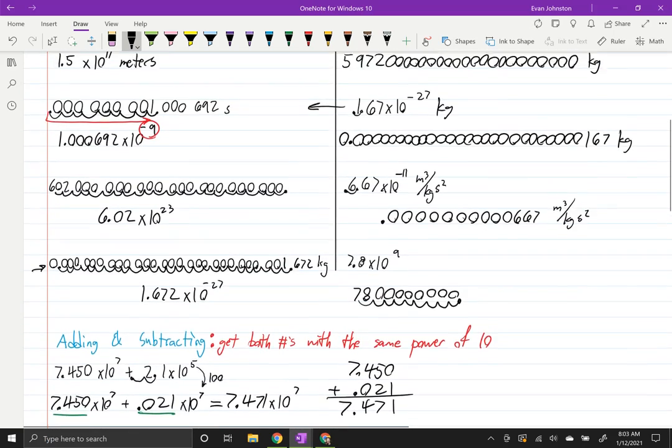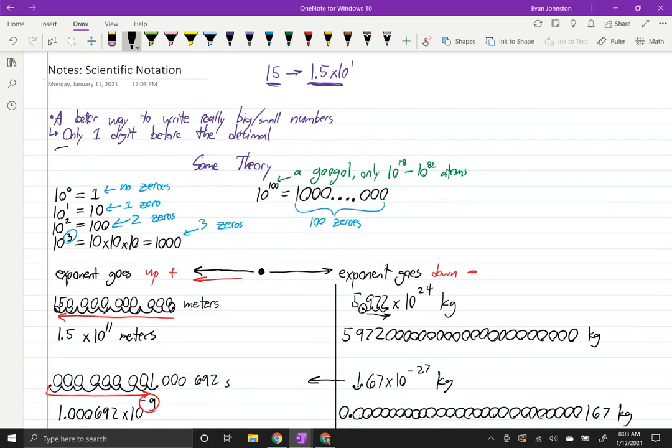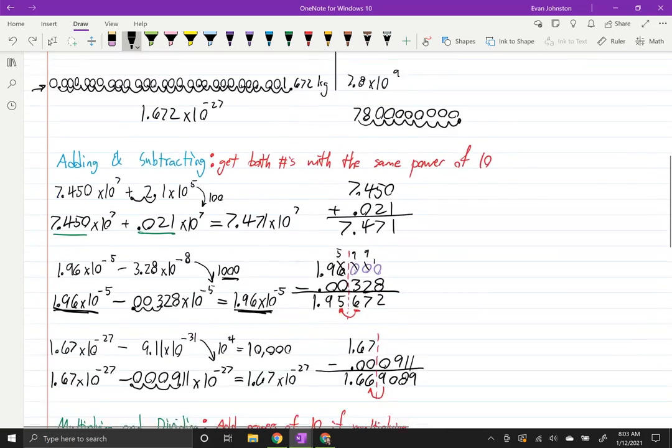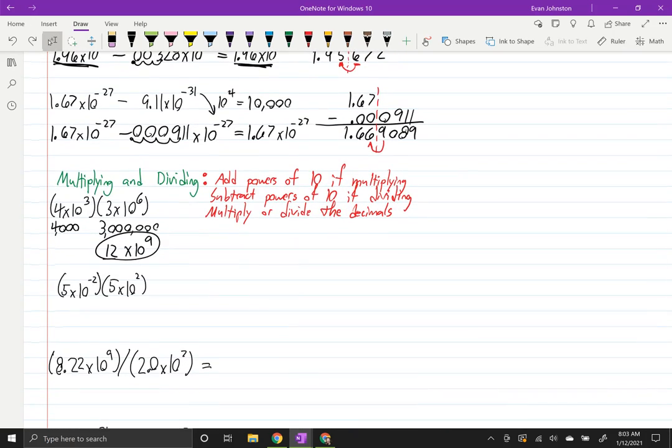If we look back up at the top, scientific notation means there's only one digit before the decimal, like this 15 becomes 1.5 here. So we need to actually change this 12 into scientific notation now. So doing that, we just have 1.2. So I move the decimal one spot to the left. I'm essentially dividing by 10, but I can't lose the true value of this number.